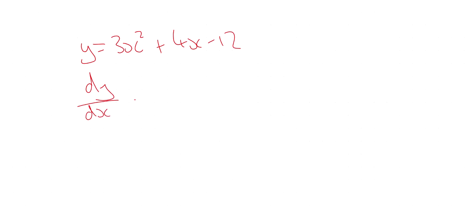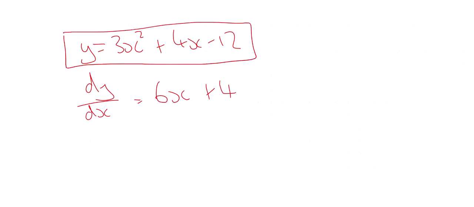What is the derivative? So if I give you y equals, it is not. It's the gradient. So the derivative here, this is the function. This is the equation of the gradient of this function.